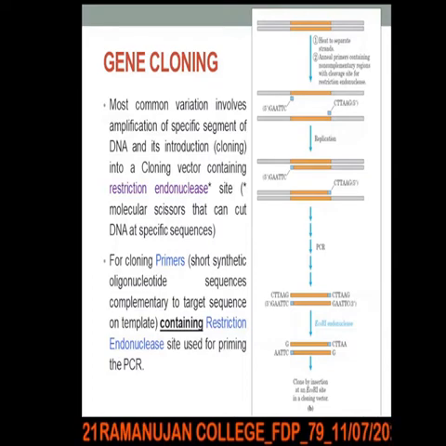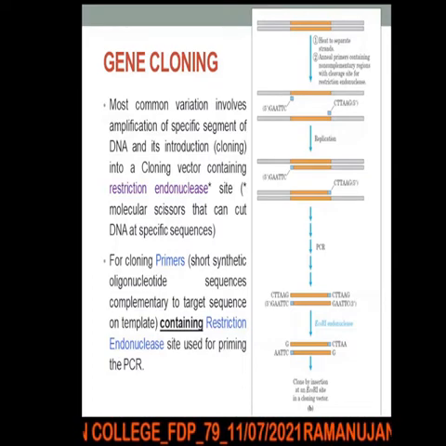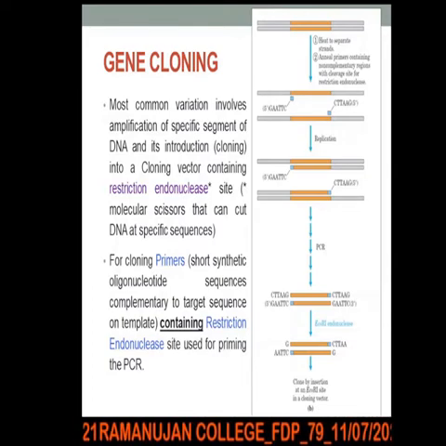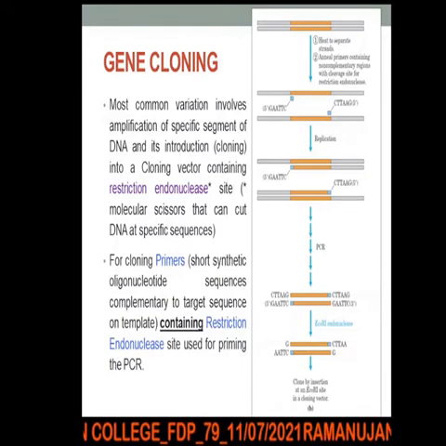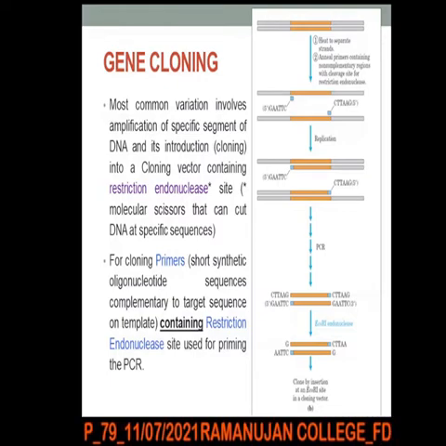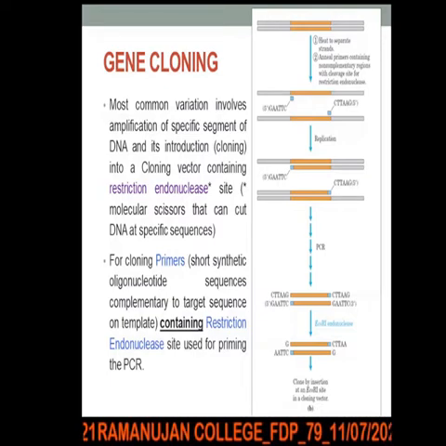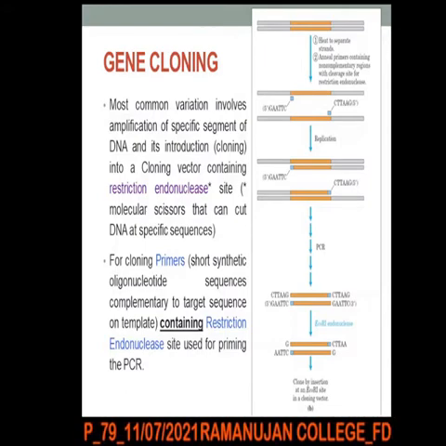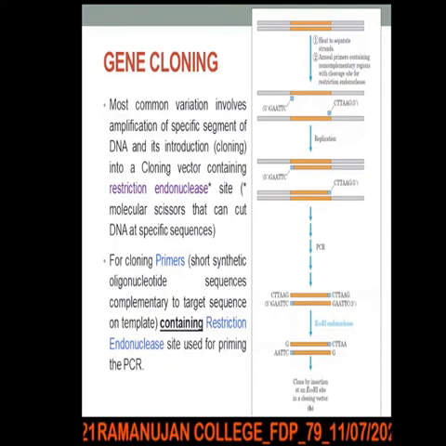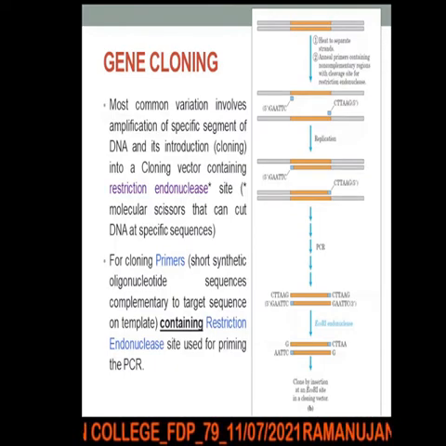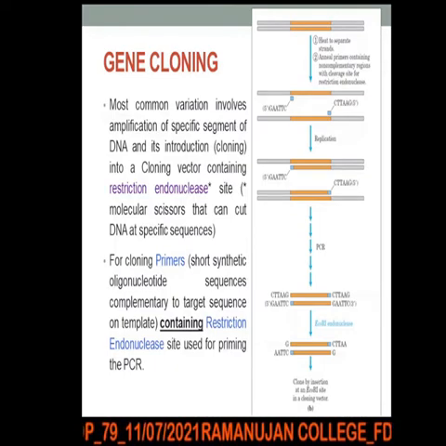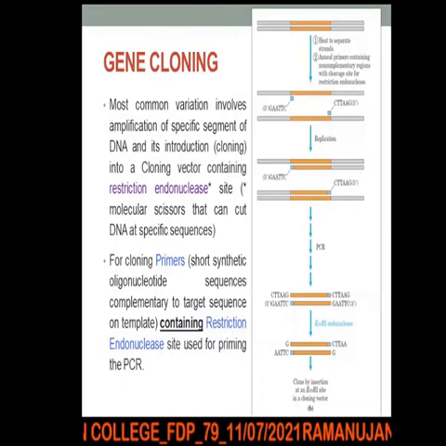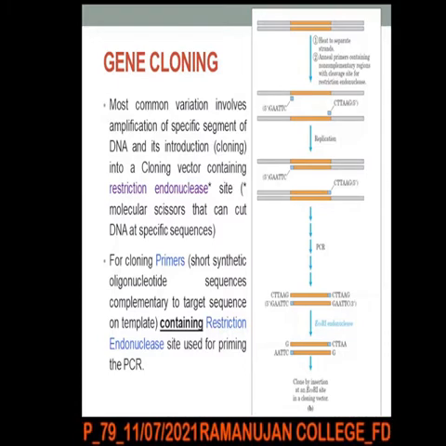So for cloning a gene, we employ primers, which we have already learned are short synthetic oligonucleotide sequences complementary to our target sequence on the template. But additionally, they also contain restriction endonuclease sites at their 5' ends that we use later after PCR amplification to generate ends that can be used to clone in your cloning vector.